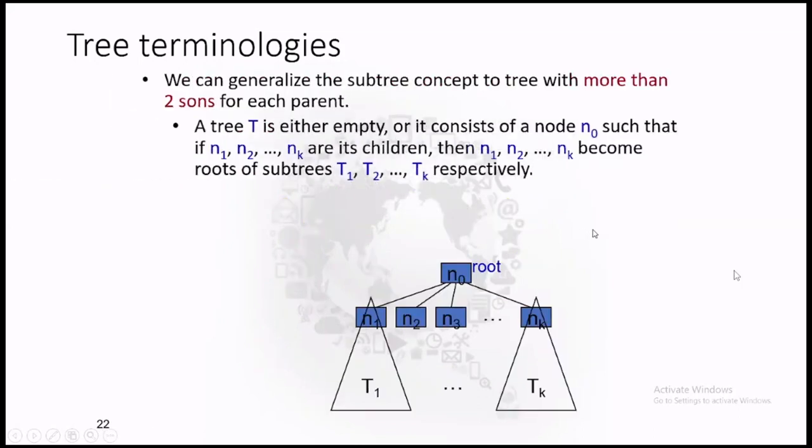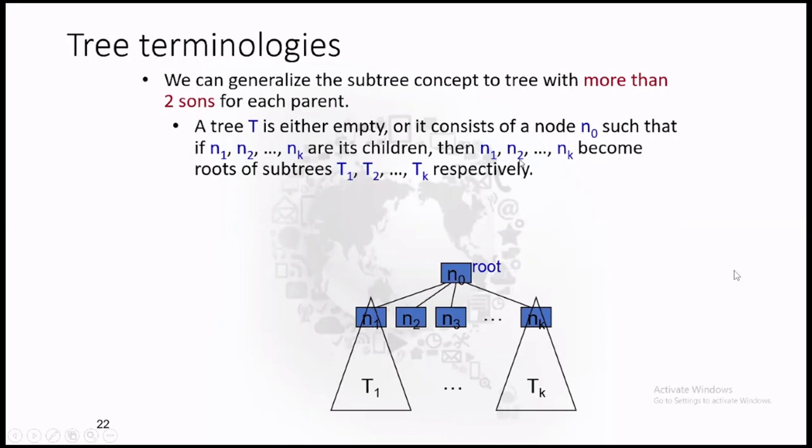So we can generalize the subtree concept to a tree with more than 2 sons for each parent. A tree is either empty or it consists of a node n0 such that n1, n2, and nk are its children. You can see that one root can have a lot of children. Then from here, we start to expand.